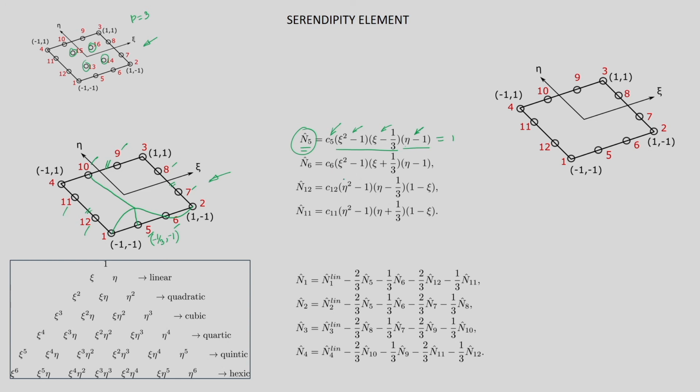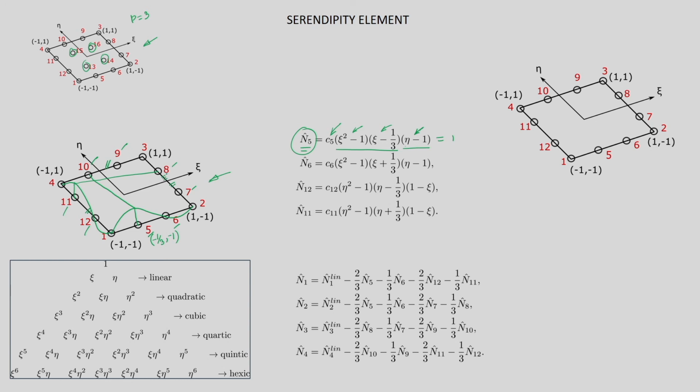Similarly, how do we construct N11? The same way, we said that it is 1 at node 11, varying with degree p like this, and varying linearly with xi and equal to 0 at the boundary xi equal to 1.